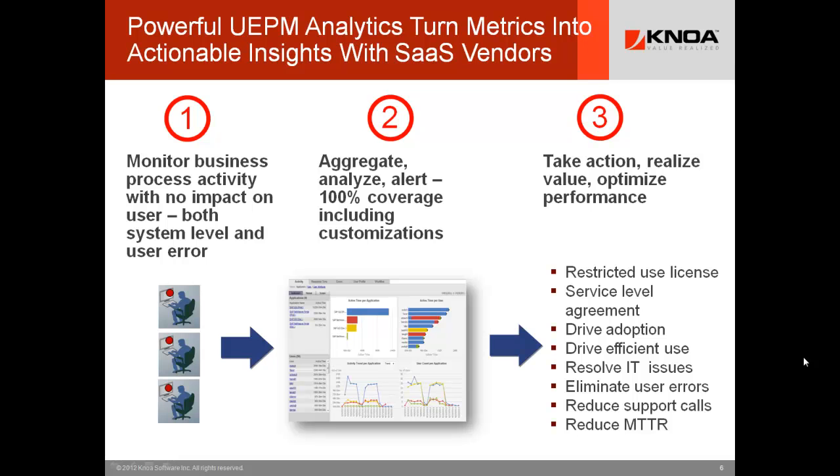Knoa UEPM allows you to gather metrics and take steps to manage your cloud-based SaaS vendor relationships. We see everything that the user does with our desktop agents, so we know system level error and user level error and the time and impact it has. This is unique to Knoa.